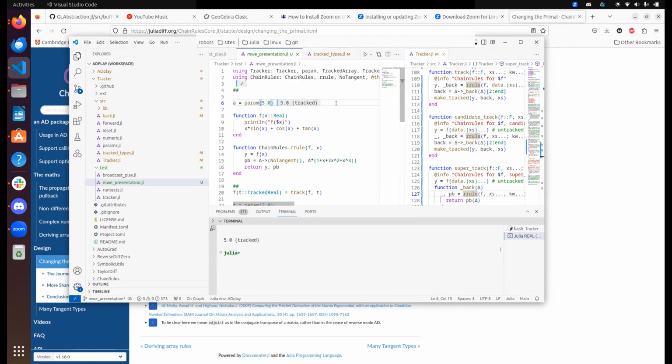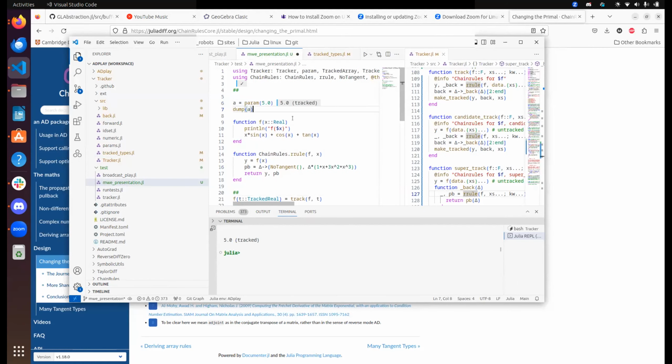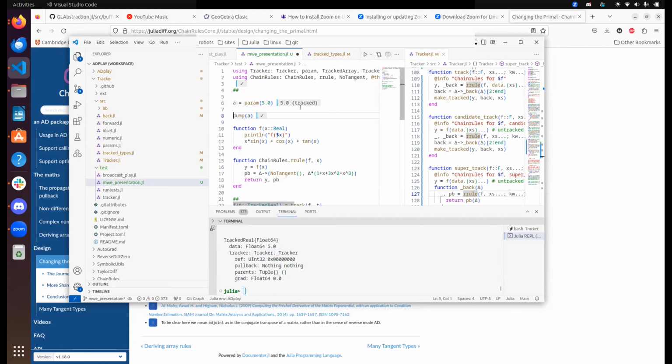And what we get here is a tracked object, and we can dump A and see the fields. So we have the data and the tracker information. Now the tracker contains nothing because this node has no parents and there is no pullback at all. And now maybe B is 2 times A.